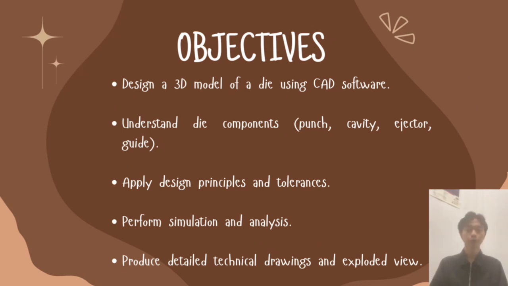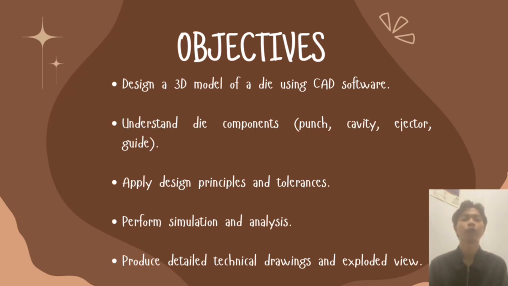So now we move to the objective. The main objectives of this project are to design a 3D model of a die using CAD software and to understand the function of its components such as punch, cavity, ejector, and guide mechanism.